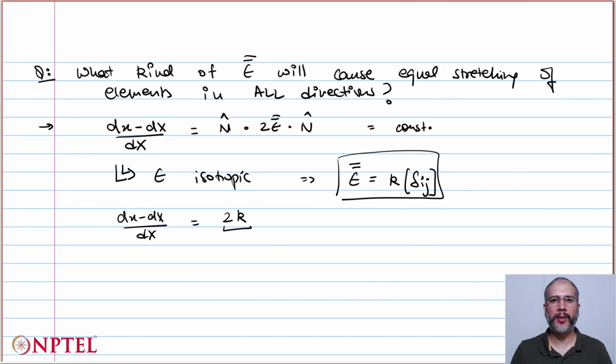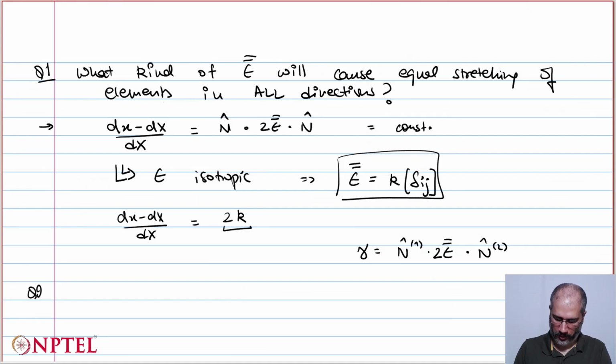Any two perpendicular n hats you choose will result in zero shearing. That is, right angles between any two perpendicular vectors will be preserved. You can check that by using the relation that gamma is n1 hat dot epsilon dot n2 hat, with a 2 here. So that was the first question.